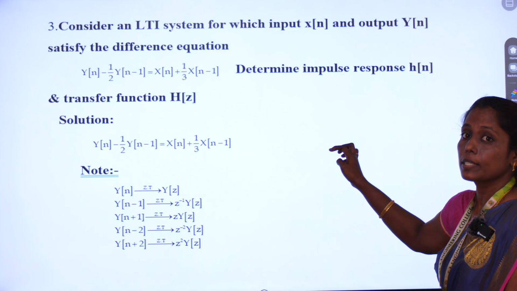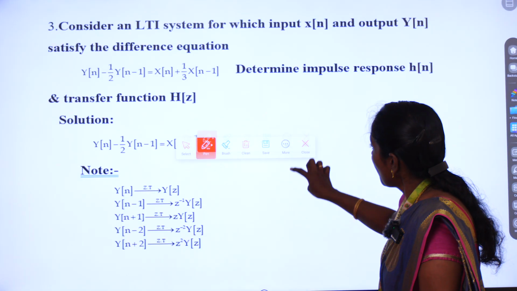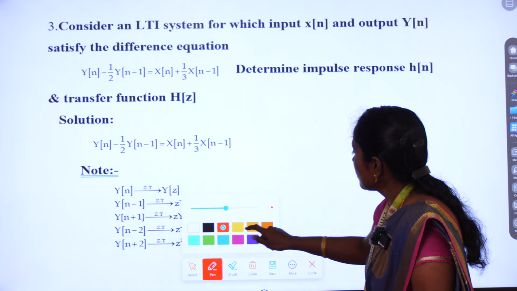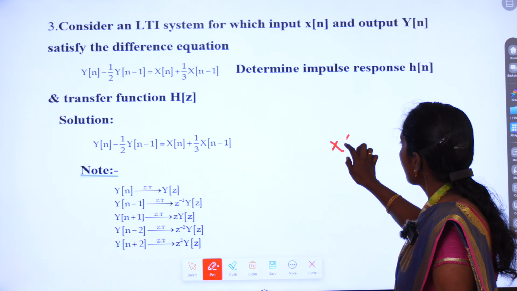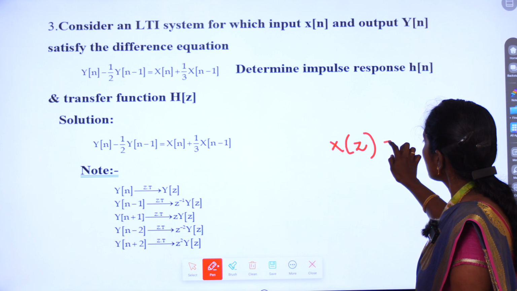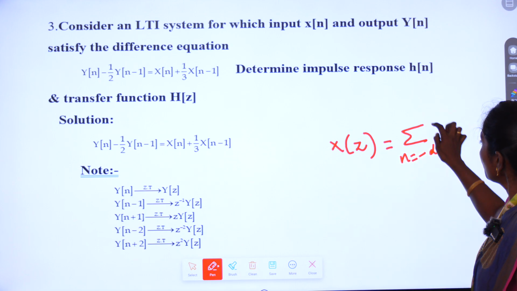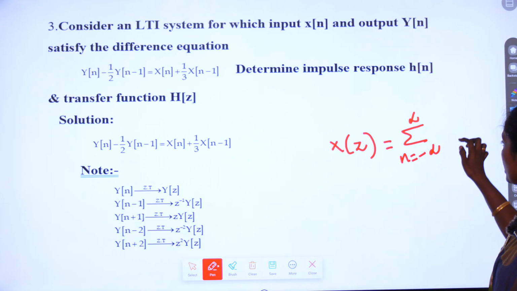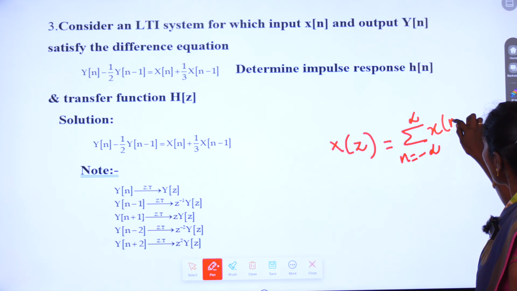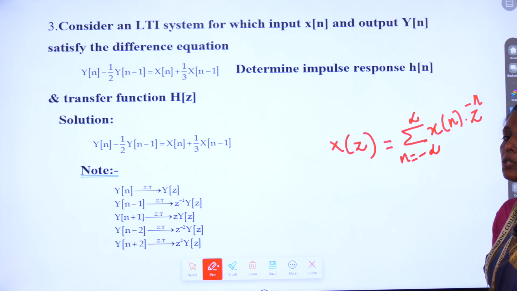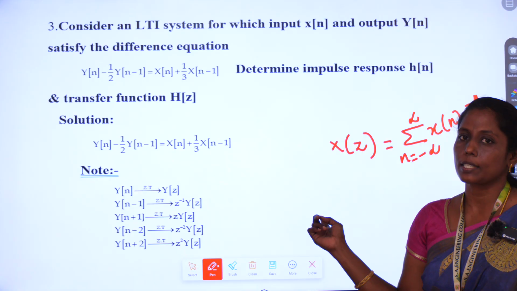The formula of Z transform is x of z is equal to summation n is equal to minus infinity to infinity x of n into z power minus n. So this is the formula of the Z transform.